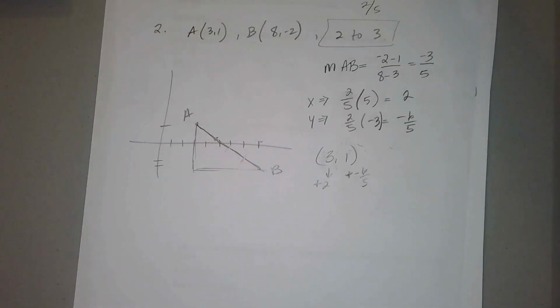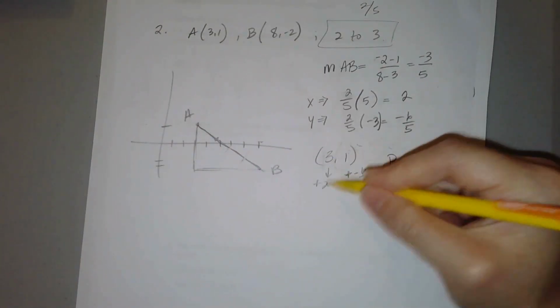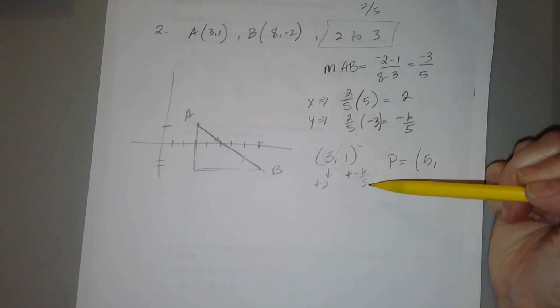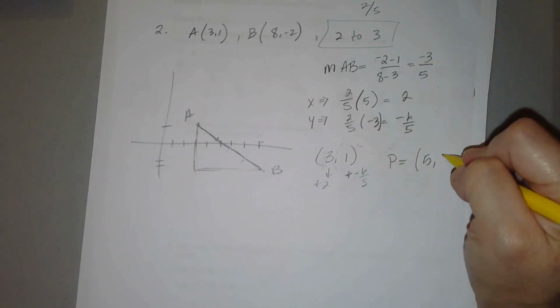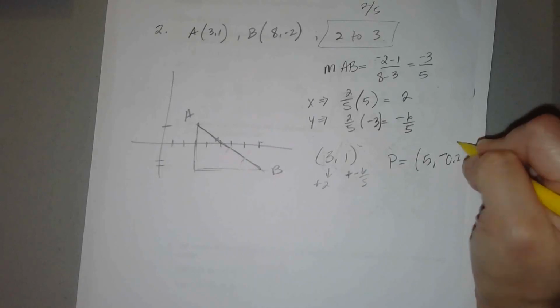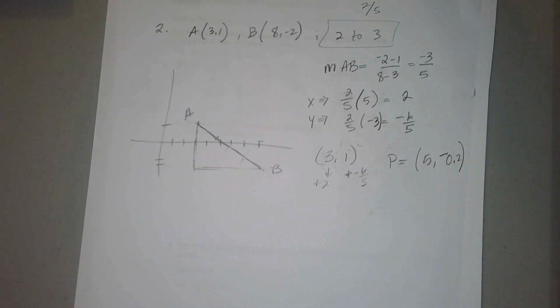So to get to point P, 3 plus 2 is 5, and 1 minus 1 1/5 is negative 1/5, which is negative 0.2. So that would be the coordinate of point P.